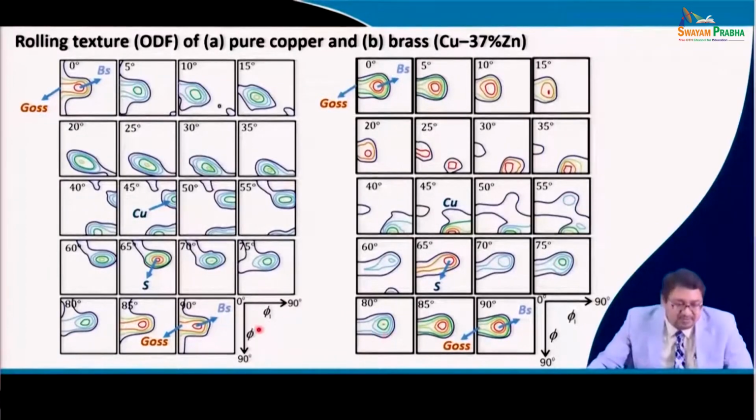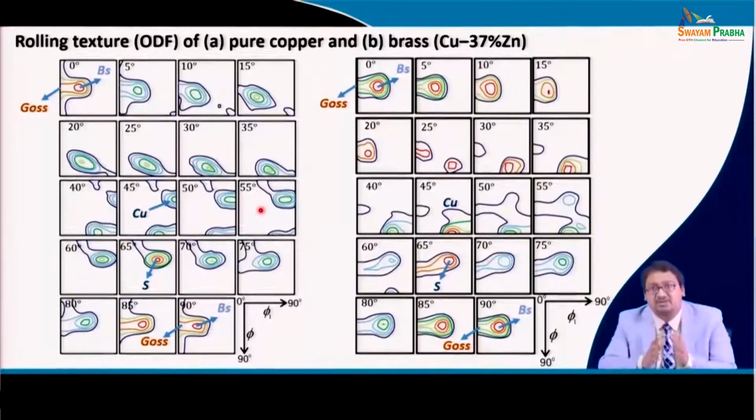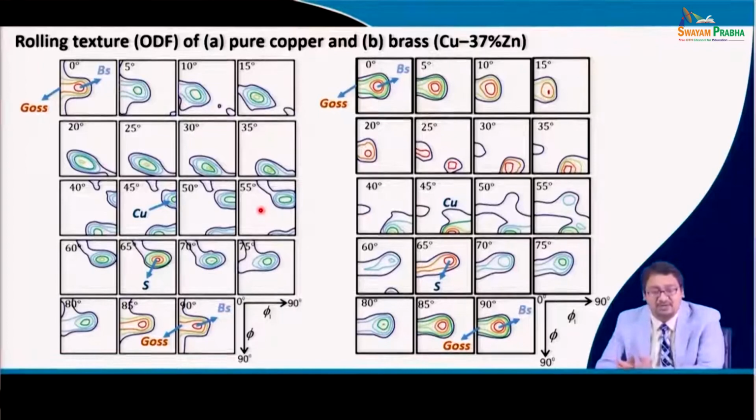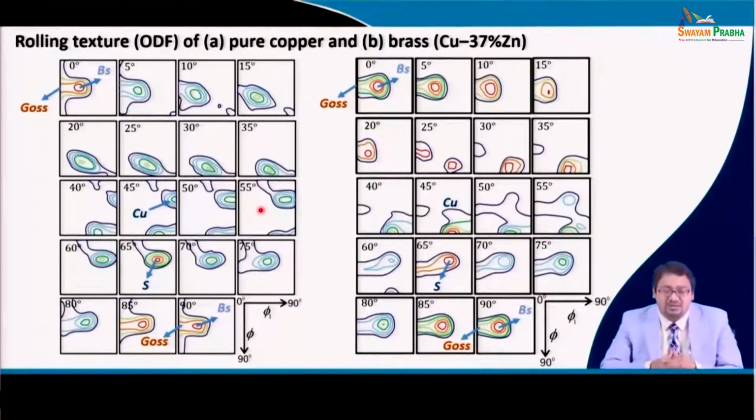So, we can observe the subtle difference between the texture developed after rolling of a high stacking fault energy face centered cubic material and a low stacking fault energy face centered cubic material using the ODF sections, and this could be related to the pole figure and the Miller indices, because they are mathematically interrelated and they are different tools to represent the texture.